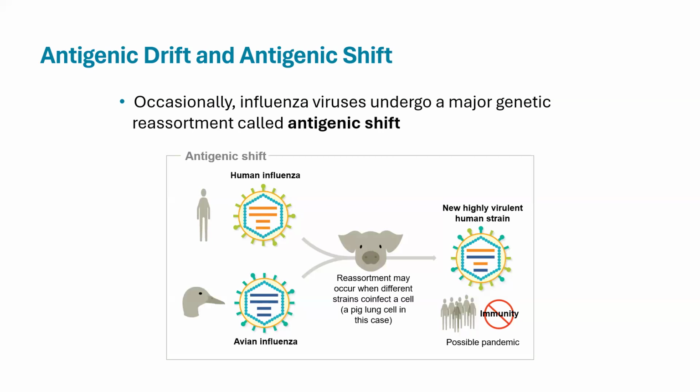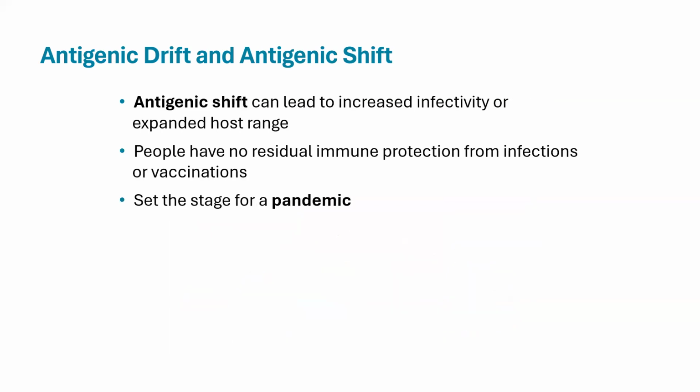It doesn't always have to be highly virulent, but it can be. That is how in the past we've had highly virulent pandemic strains of flu. Antigenic shift can lead to increased infectivity or expanded host range. There's no residual immune protection from infections or vaccinations because of this reassortment. And this can potentially lead to a pandemic.